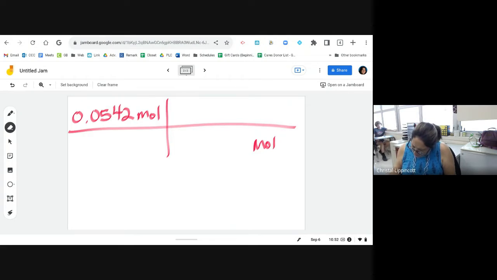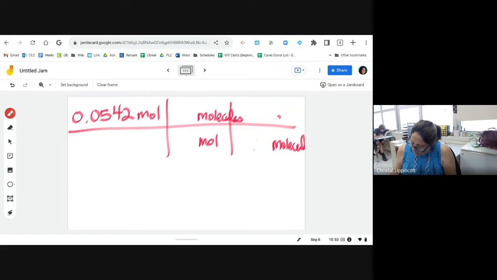Okay, I didn't leave myself enough room here. So I'm going to convert moles into what? Into molecules. Okay, and then I'm going to convert molecules into atoms.